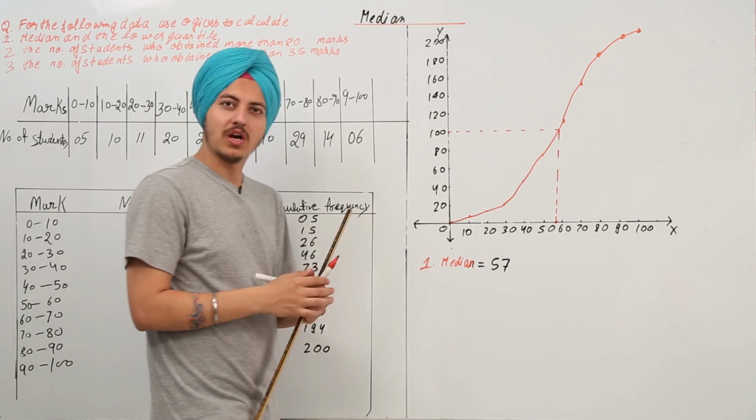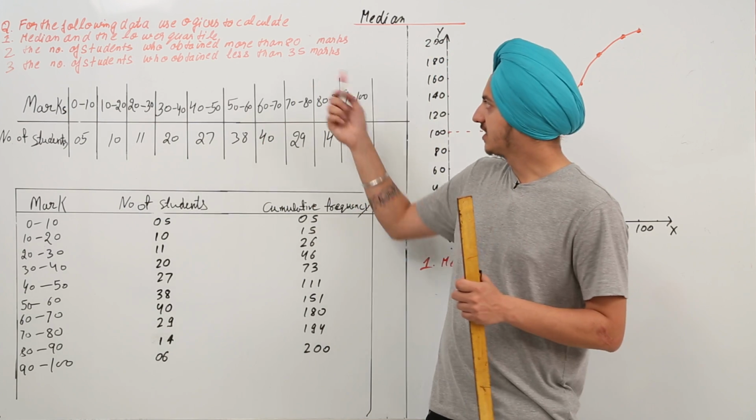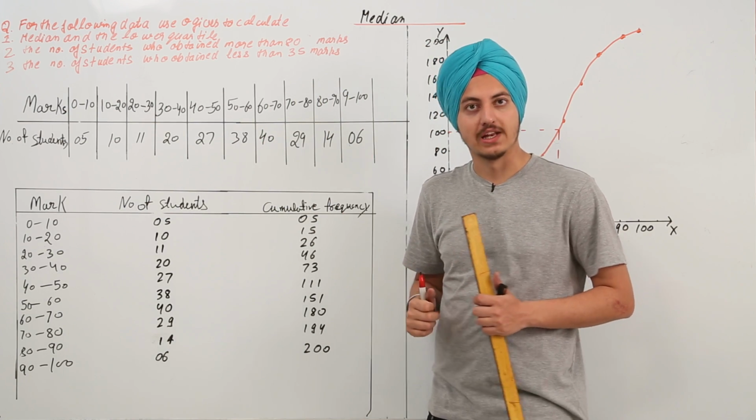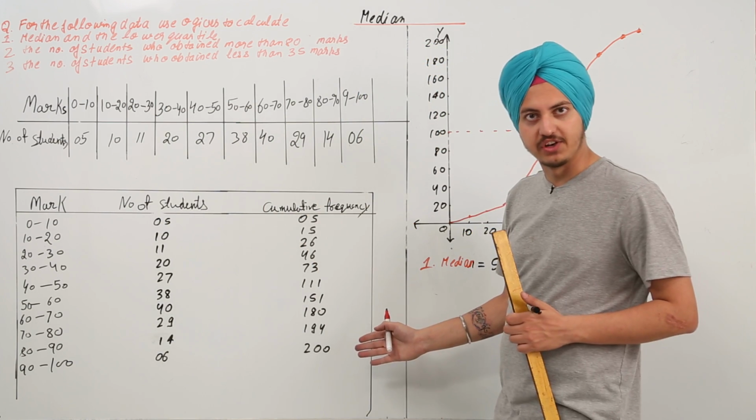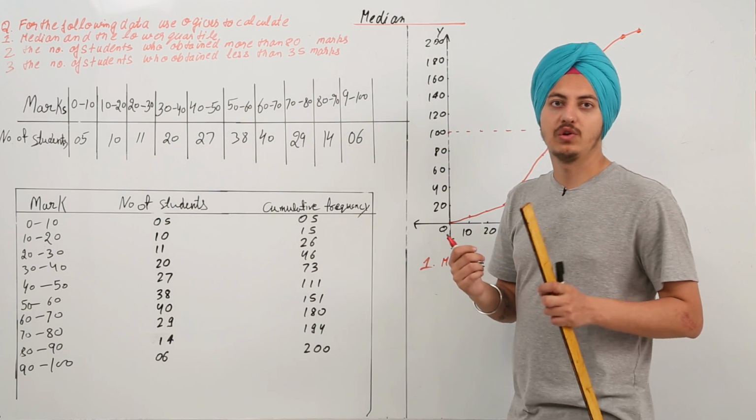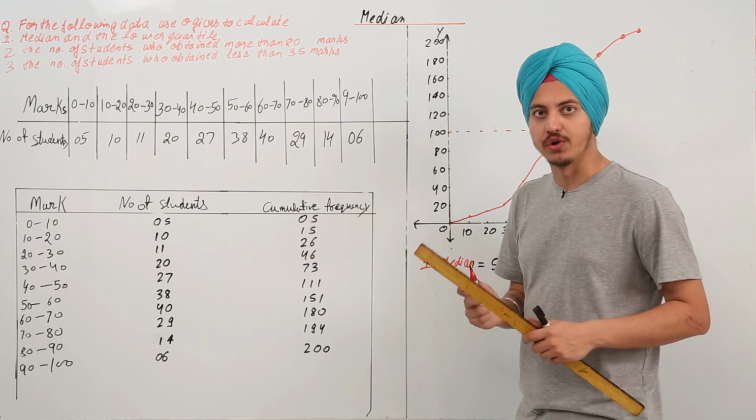Done. Now coming to the second part of the first part, the lower quartile. For an even number of data, 200, what was the lower quartile? That was n by 4, right?